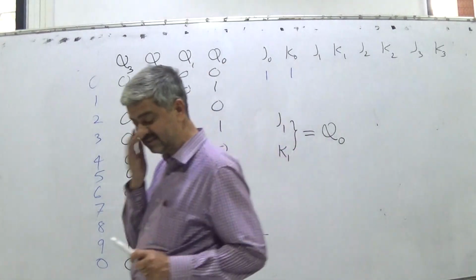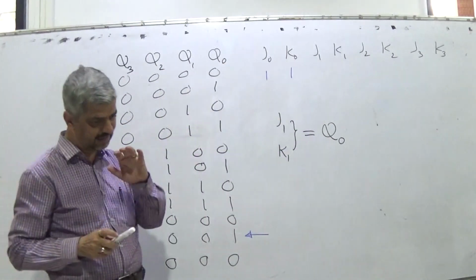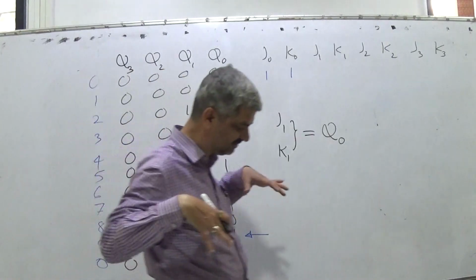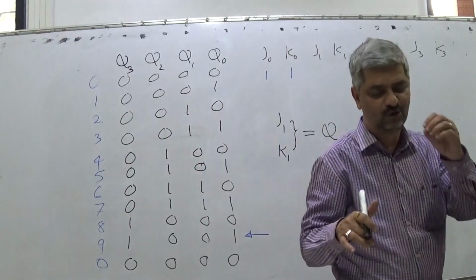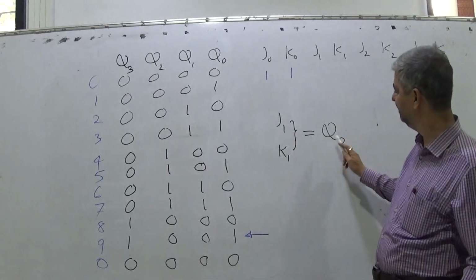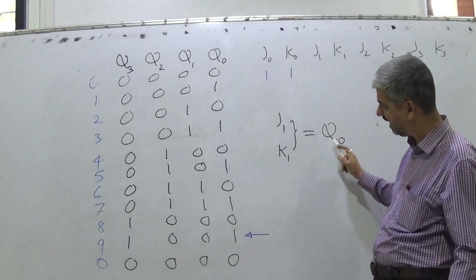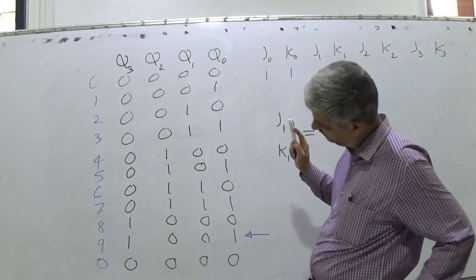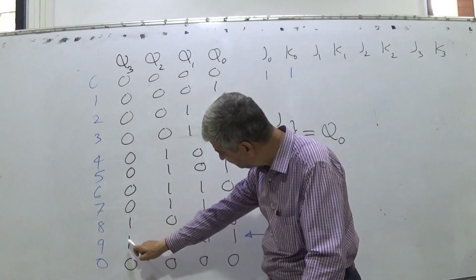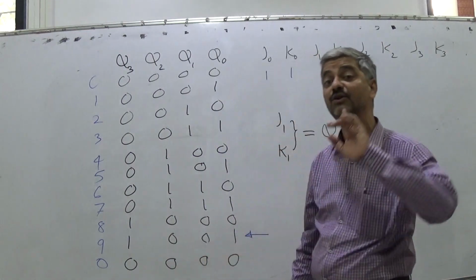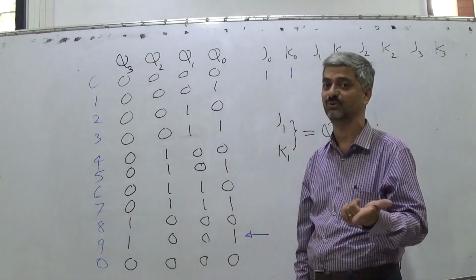Listen very carefully, it's a very fundamental issue. The idea should be understood. You are not expected to design a very huge digital system, but to understand the concept. So if Q0 is 1 and Q3, Q2, Q1 are not 1 0 0.